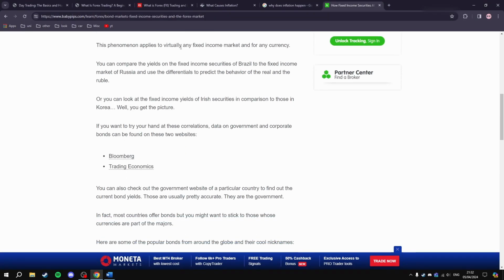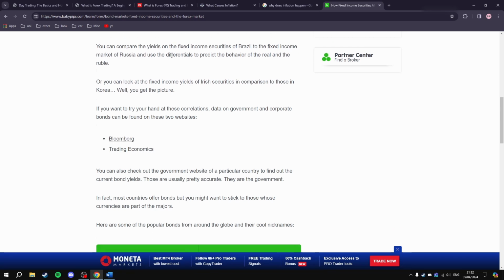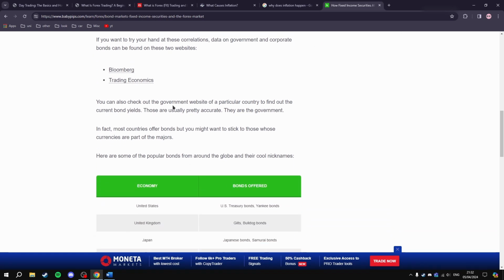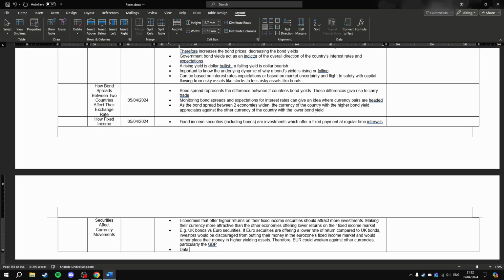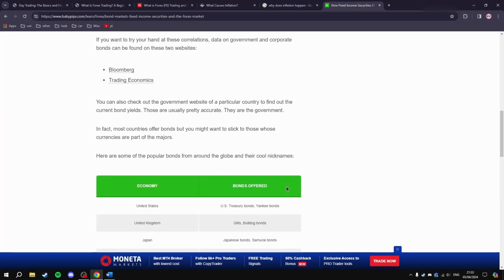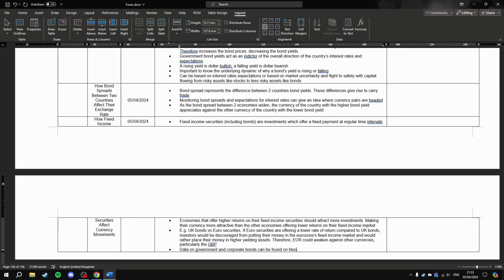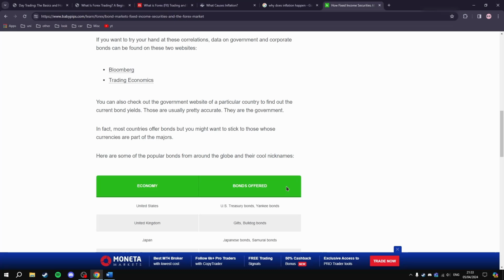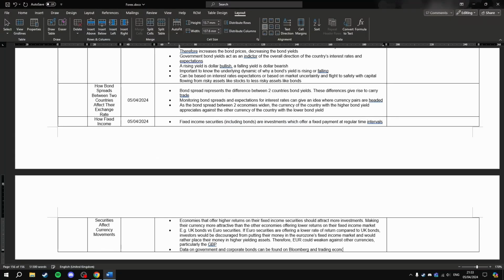This phenomenon applies to virtually any other fixed income market for any currency. You can compare the yields on fixed income securities of Brazil to the fixed income market of Russia and use differentials to predict behavior of the real and the ruble. Data on government and corporate bonds can be found on Bloomberg and Trading Economics.